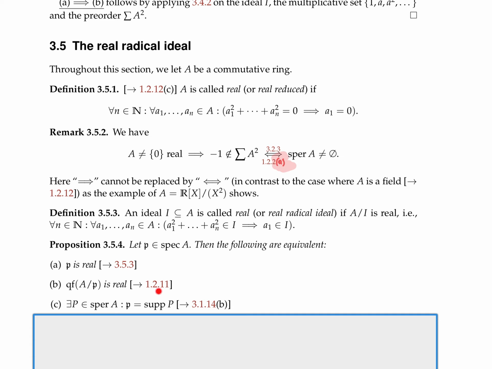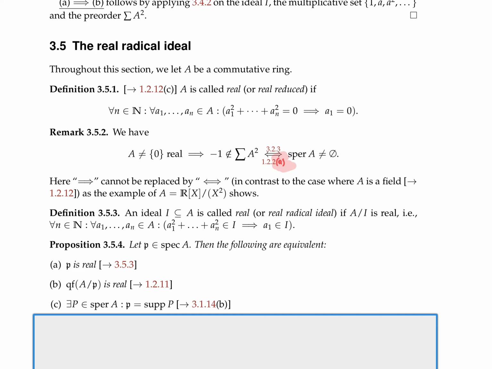That means it possesses an order. It is a real ring, you could also say, in the sense we have just defined. And third condition, there exists a prime cone of A such that P is the support of the cone.